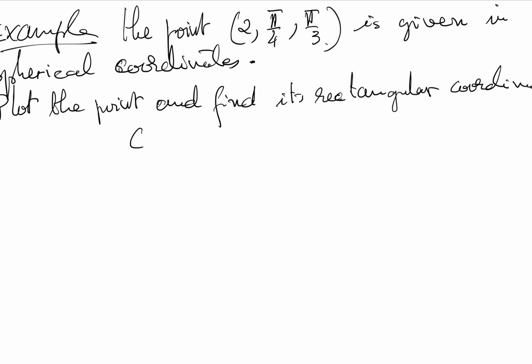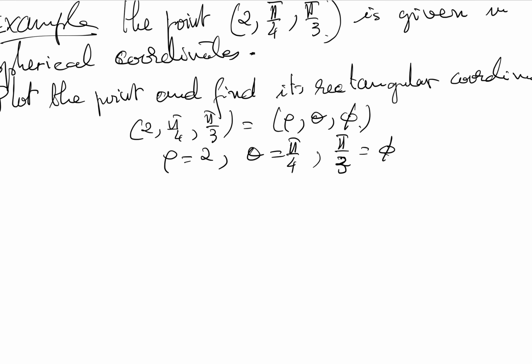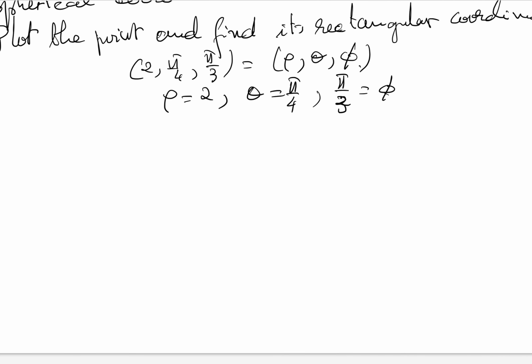Remember, if you have 2, pi over 4, and pi over 3, this is nothing other than rho, theta, and phi. Rho is 2, theta is pi over 4, and phi is pi over 3. So you have the position here.